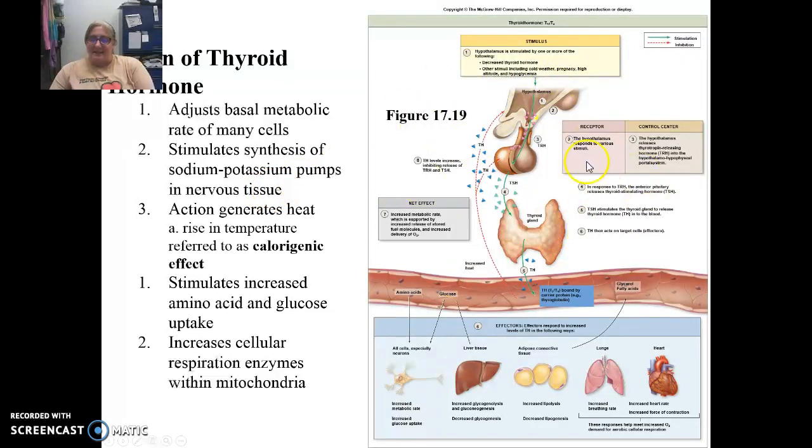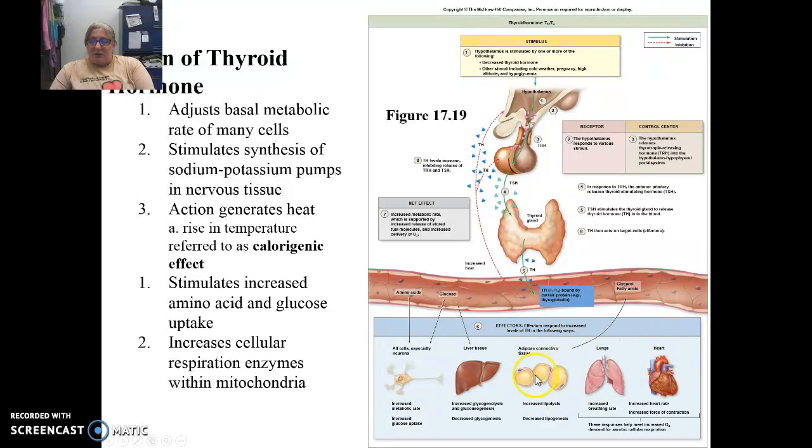And so here is an example of thyroid hormone at work. So first of all, we get thyrotropin releasing hormone that stimulates the anterior pituitary to release thyroid stimulating hormone, which is going to then stimulate the thyroid gland to produce thyroid hormone. Thyroid hormone is going to enter the blood when we have low thyroid levels, of course, and that's going to activate metabolic activities, anabolic and catabolic activities depending.